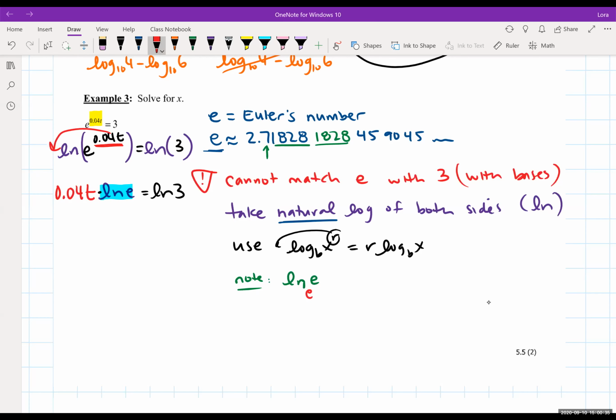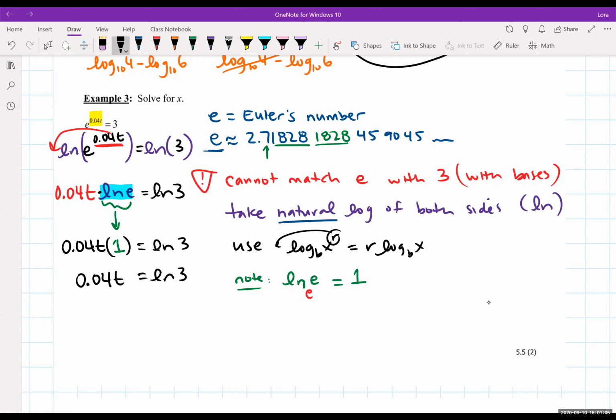And when the bases match, the evaluation of your logarithm is 1. So this natural log of e turns into a 1, multiplied by 0.04t, still equals natural log of 3. Well, what happens when you multiply anything by 1? You don't really see it anymore. You get 0.04t equals natural log of 3.